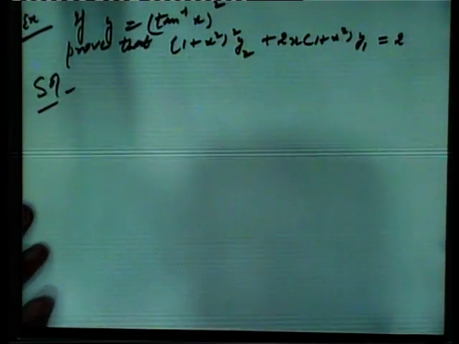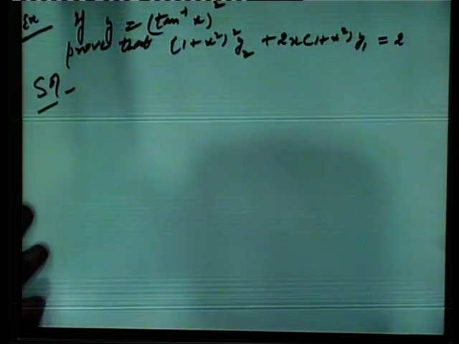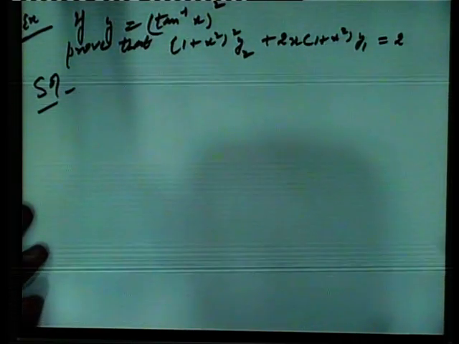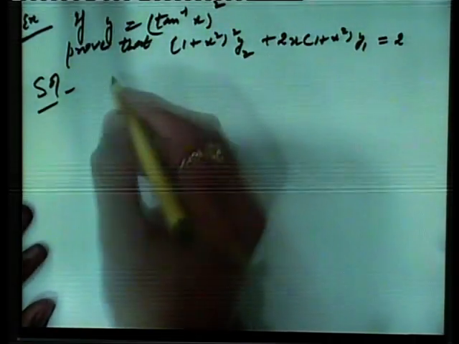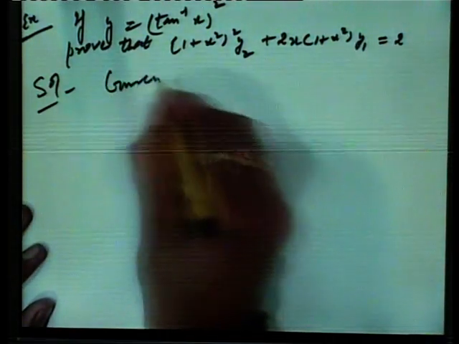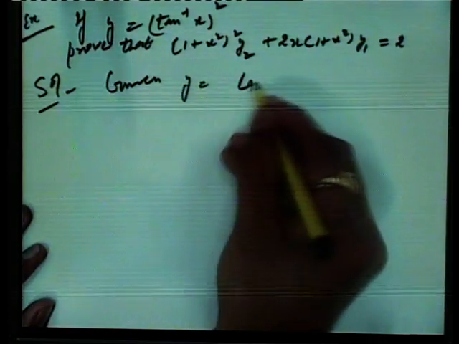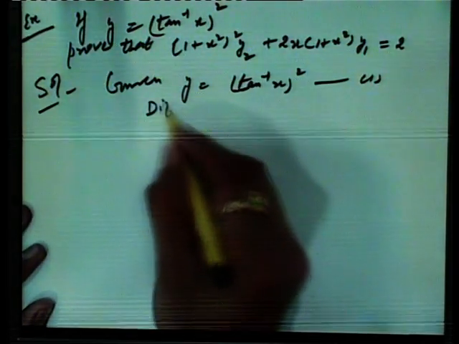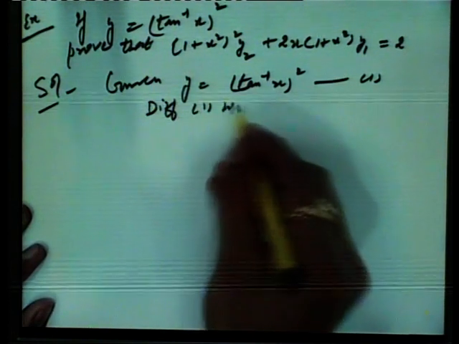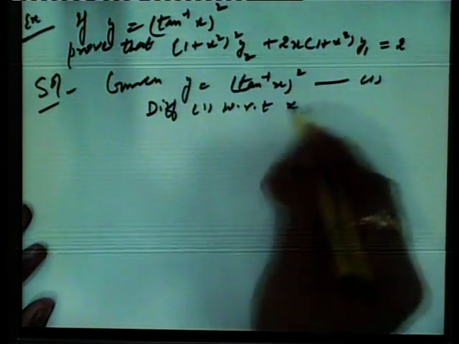So, similarly as in the previous example we find out y1 and y2, in the similar way we can find out y1 and y2 easily. So, given y is equal to tan inverse x whole square, this is number 1. So, differentiate 1 with respect to x.